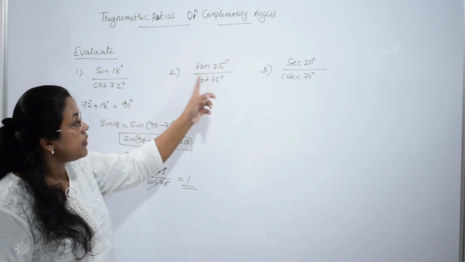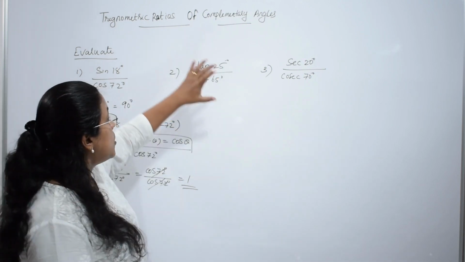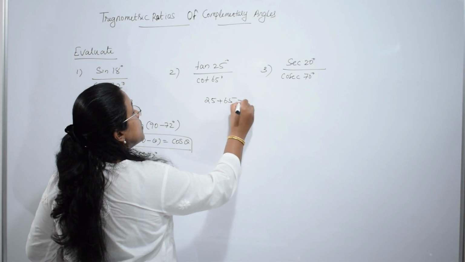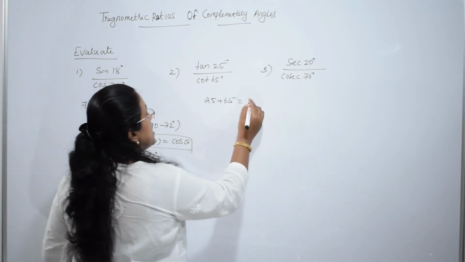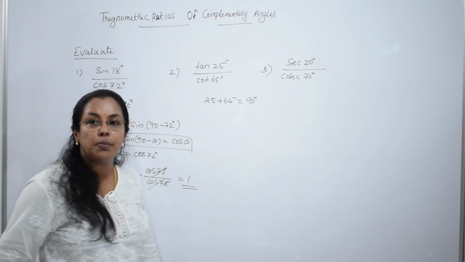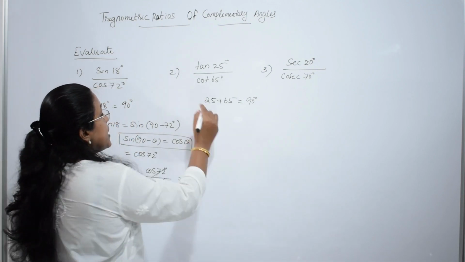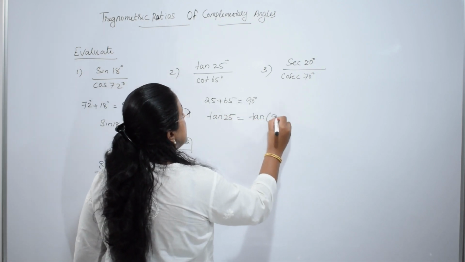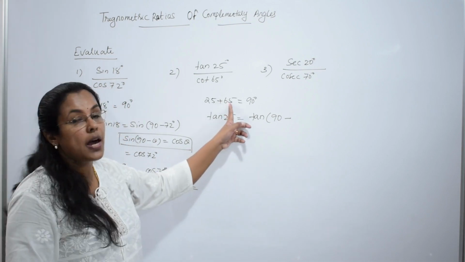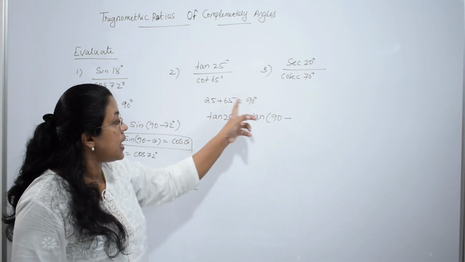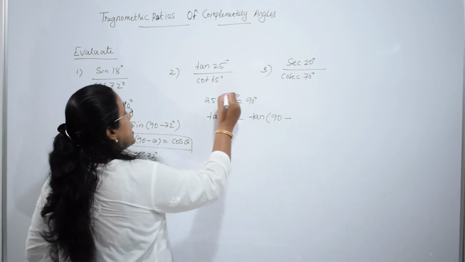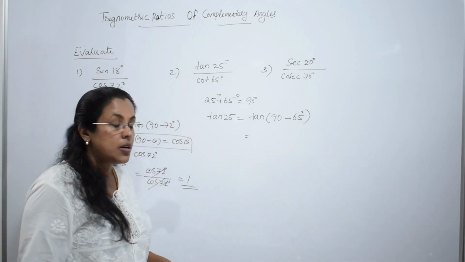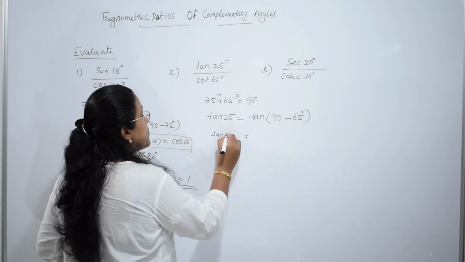Tan 25° upon cot 65°. Look at the angles. What is 25 plus 65? 60 plus 20, 80 plus 10, 90. Means these two are complementary angles. Then what can we write? We can write tan 25° as tan(90° − 65°), since 25 is 90 minus 65. What is tan(90° − θ)?